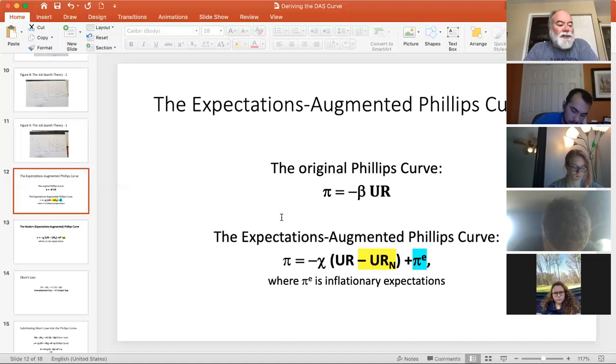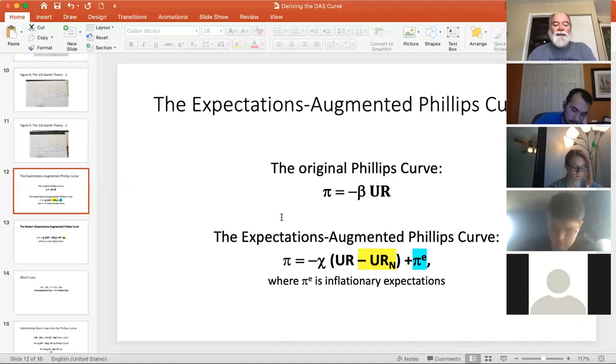A supply shock is an unexpected event that suddenly changes GDP, resulting in an unanticipated change in the price level. Can you say that one more time? An unexpected event that suddenly changes GDP, resulting in an unanticipated change in the price level.